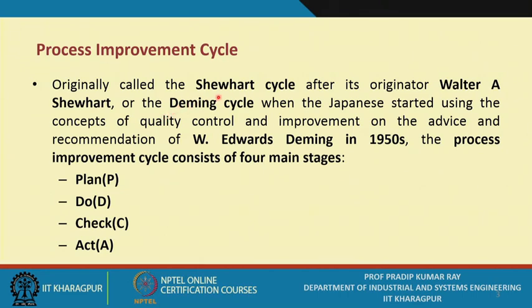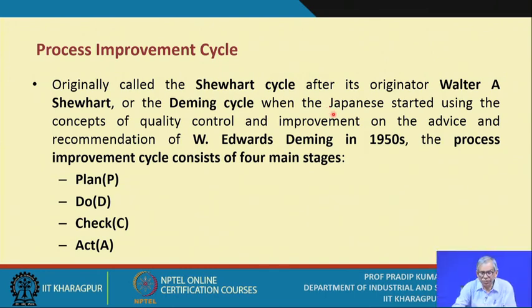He introduced this particular concept, product process improvement cycle, and subsequently Deming has also used this cycle in several cases. So that's why this cycle is also referred to as Deming cycle.